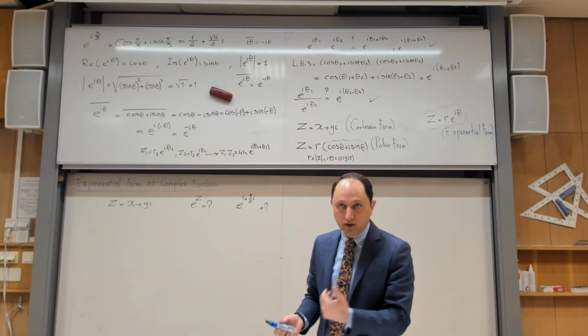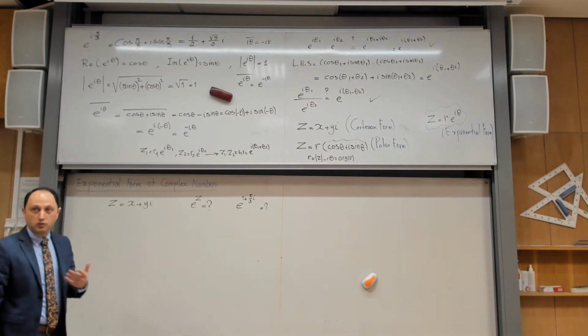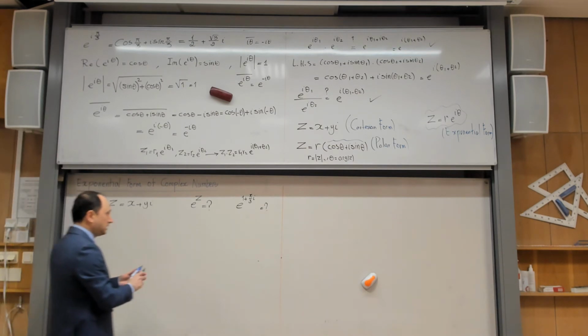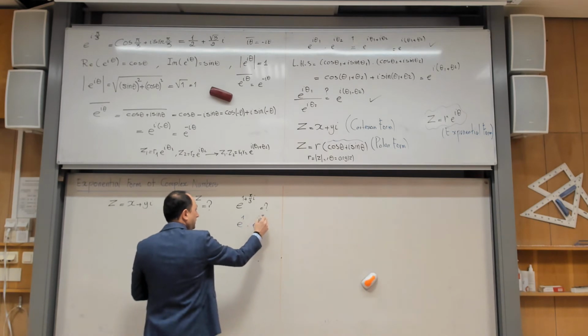Yes, that is the natural way to think. I'm just telling you, this is not a proof. This is the way that seems natural to define it. Because if everything is supposed to remain the same as for real numbers, we expect that this should be e to the power 1 times e to the power i pi over 3.